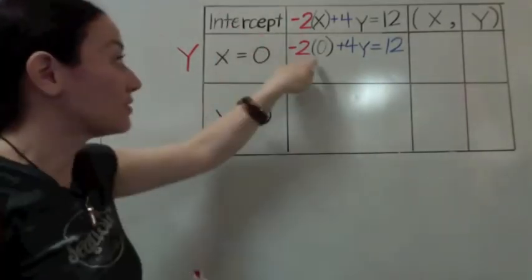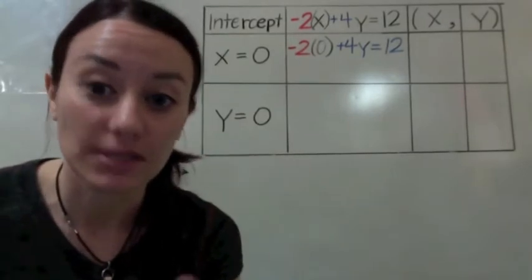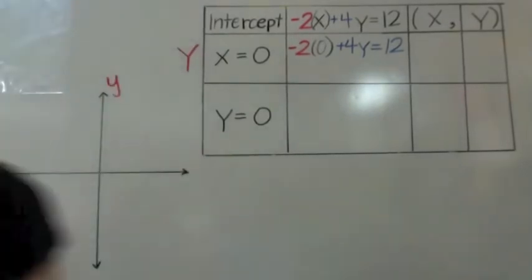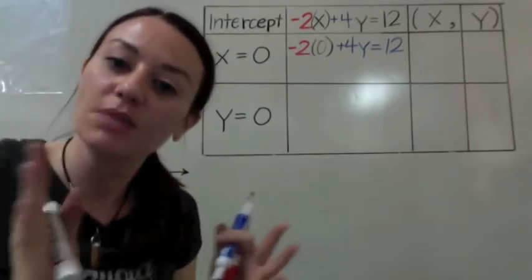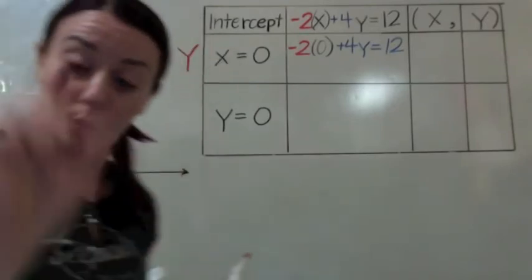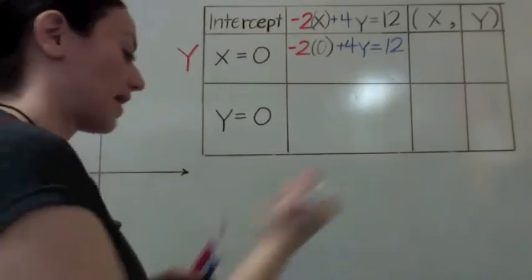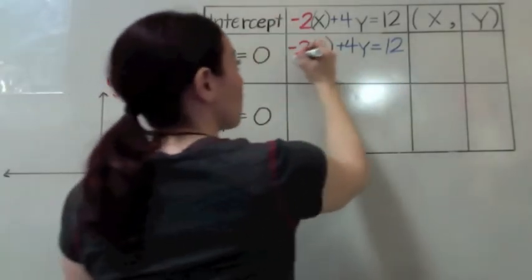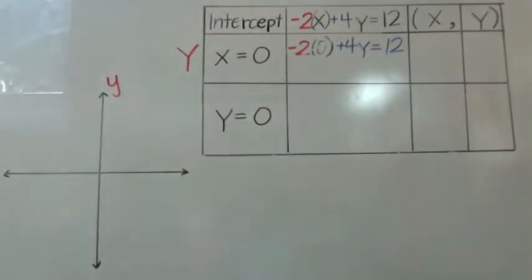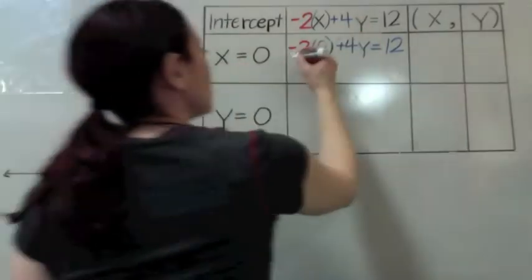Any number times 0 is 0. So when I ask you what's -2 times 0, don't tell me -2, because anything multiplied by 0 is 0. So we're going to show that now by crossing it off, which means it's not even there anymore, okay? So -2 times 0 is 0.